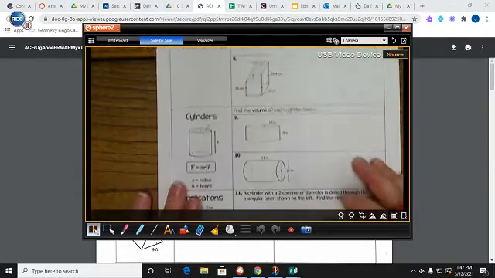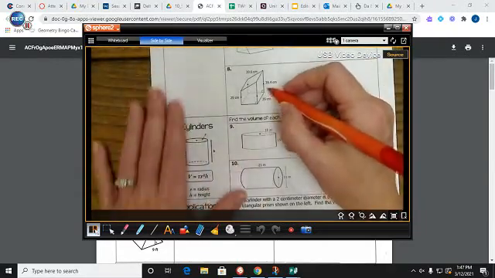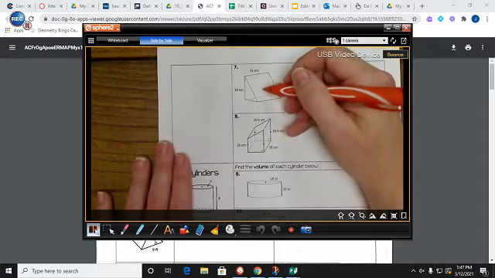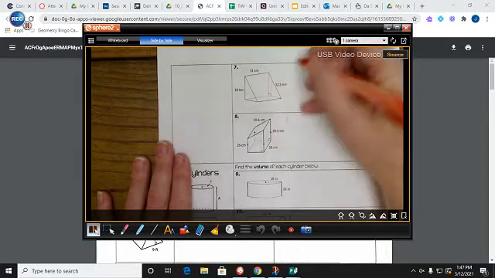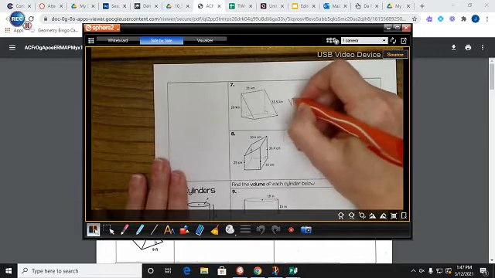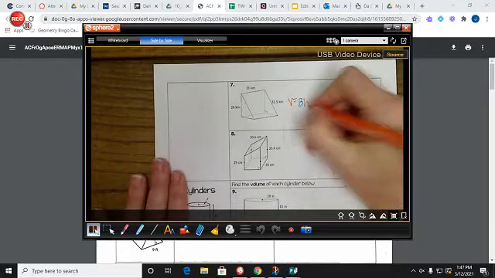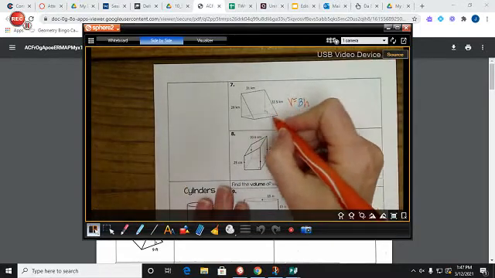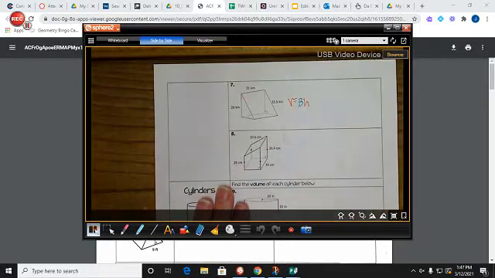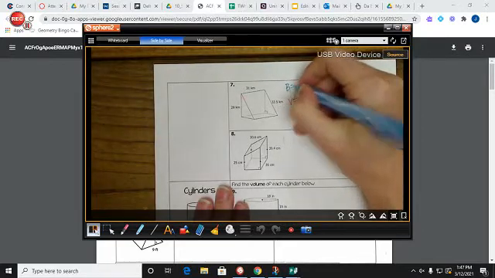Turning it over, let's look at something else here. Oh, look, I have another triangular prism. So for this triangular prism, the volume would be the area of the base times my height. But for this triangle, I've got this blue triangle and I need to find its area.